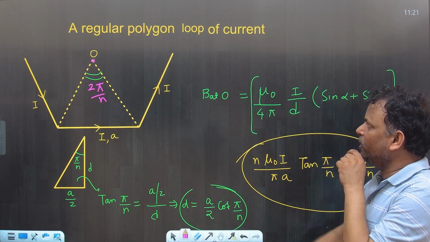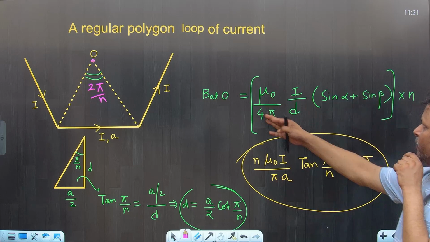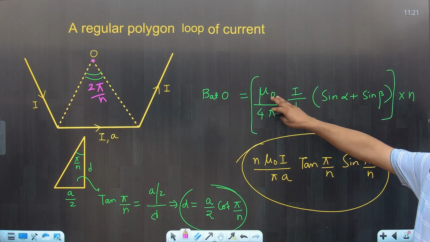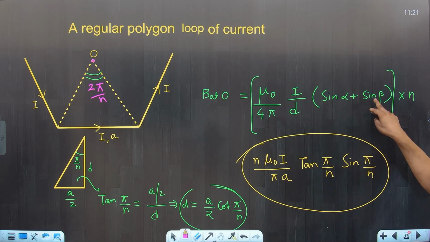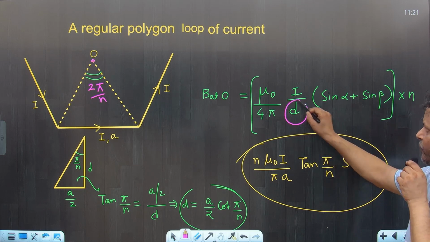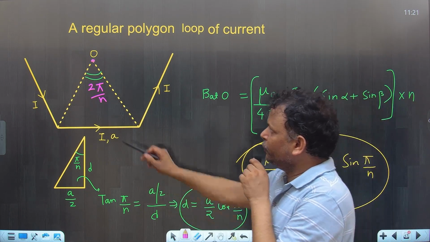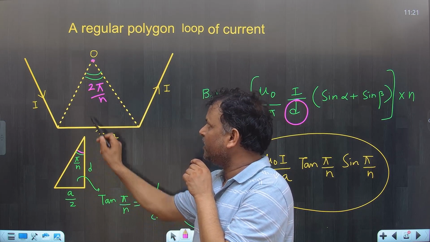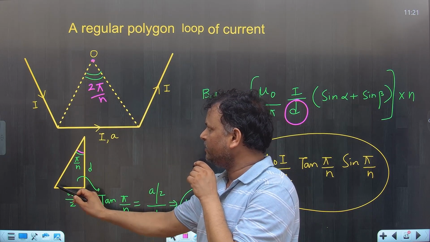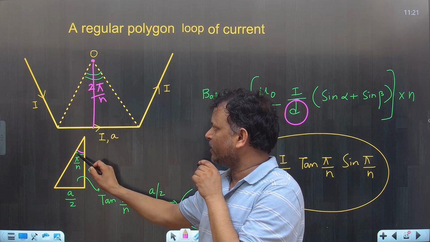So what will be the formula for O? The same formula which I have written earlier. Due to one wire into n: mu naught by 4 pi I by d, sine alpha plus sine beta, into n, right? What will be d? How will you get d here? So you just draw a perpendicular from this like this. This angle is pi by n. This angle is pi by n. When you draw the perpendicular, this is half of 2 pi by n.